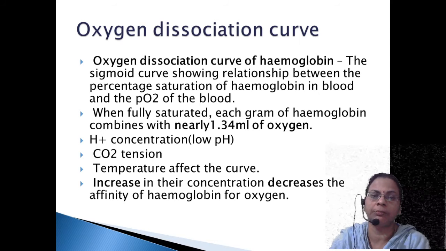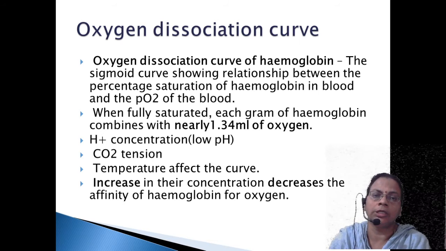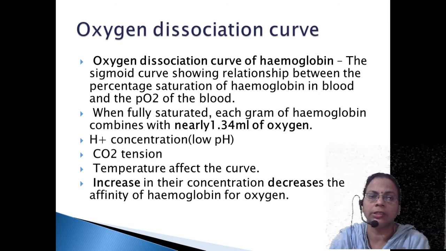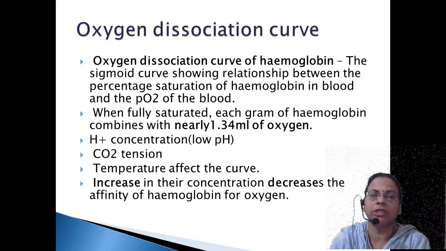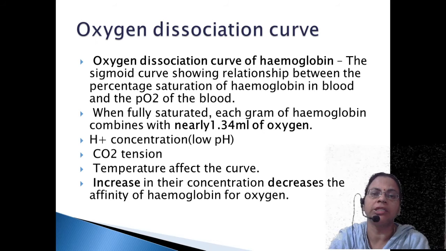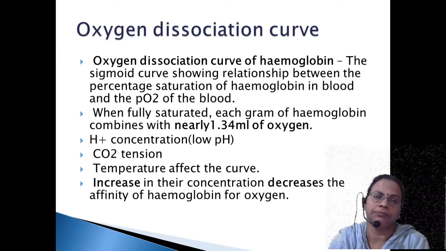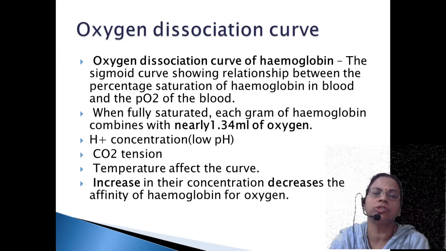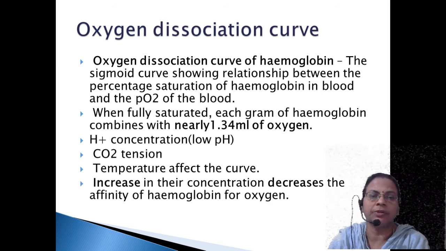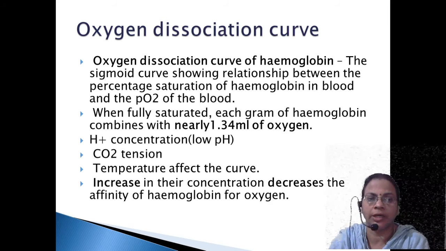Saturation of hemoglobin means, of all the hemoglobin in our body, how much percentage can bind with oxygen. Around 97% of the hemoglobin can bind with oxygen if the partial pressure of oxygen is very high.